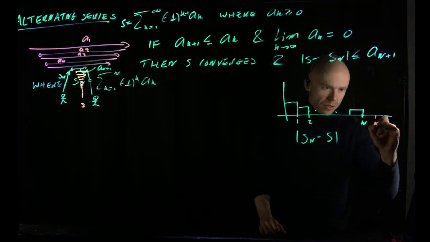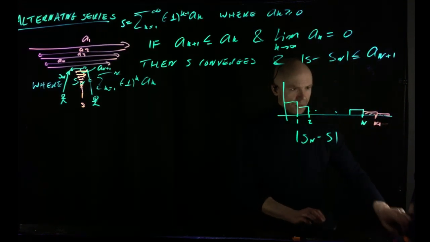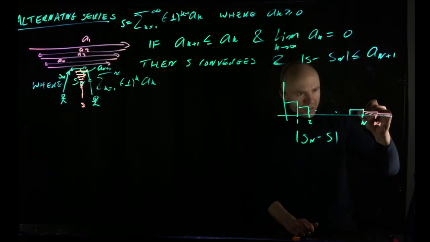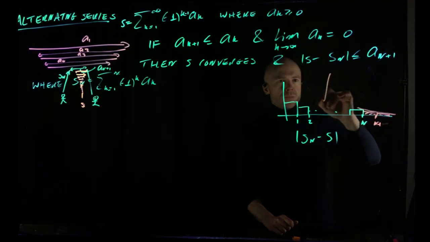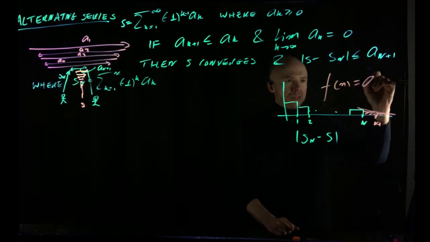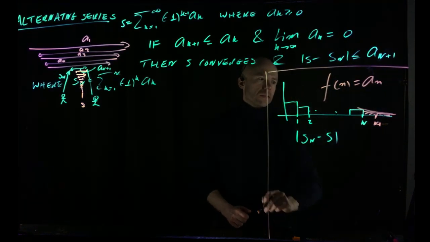So this will be n plus 1, and so on, all these other guys right here. But we can approximate how big they are just by this function that we have going through the corners, which has the property that f(n) equals a_n. So this thing is the integral test, okay?